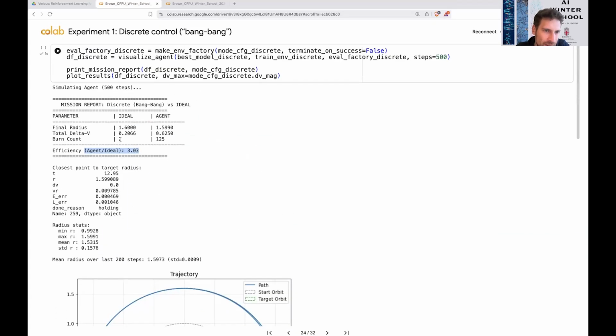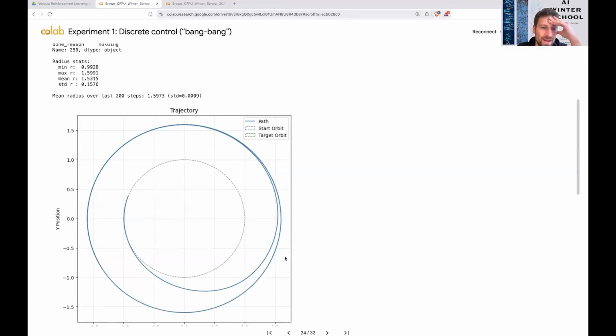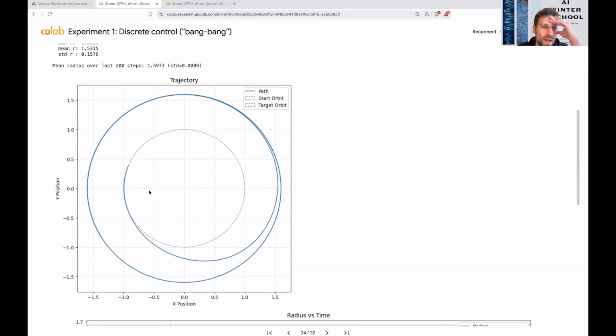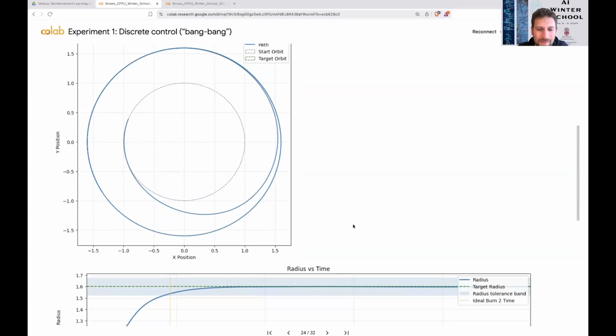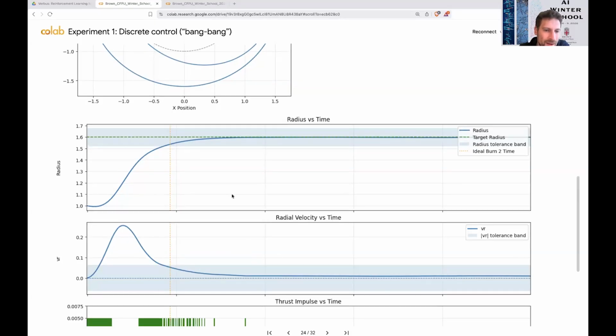So that's not surprising, but overall not bad. A factor of three within the ideal amount of fuel. And you can see from R1 to R2, it gets to the correct radius and is stable there. We see some nice plots here for radius versus time.